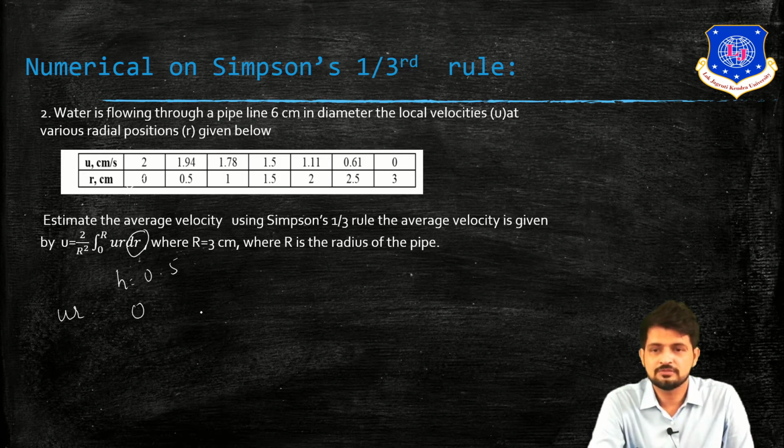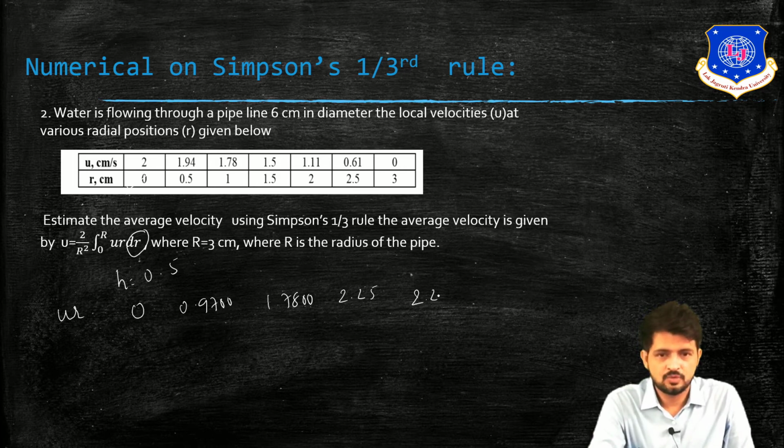My first value will be 0, second will be 0.9700, 1.7800, then 1.5 into 1.5, 2.25, then 2.22, then 1.5250, and the last value is 0. So these are my values of y0 to y6.